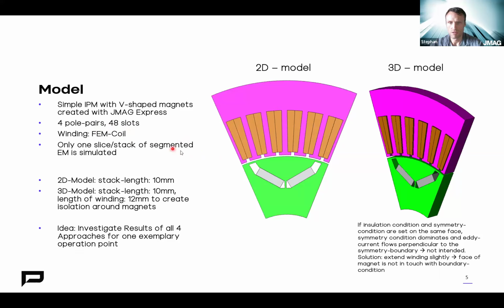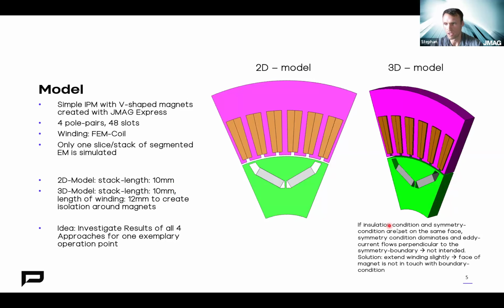For the simulation, I use just one small part of the lamination stack. So the length of the stack is 10 millimeters. So basically, this is a typical dimension of a segmented magnet inside the rotor. That's why I've chosen these 10 millimeters of stack length. And if you would want to consider a real machine, then the machine would be 10 times or 12 times longer than this model.